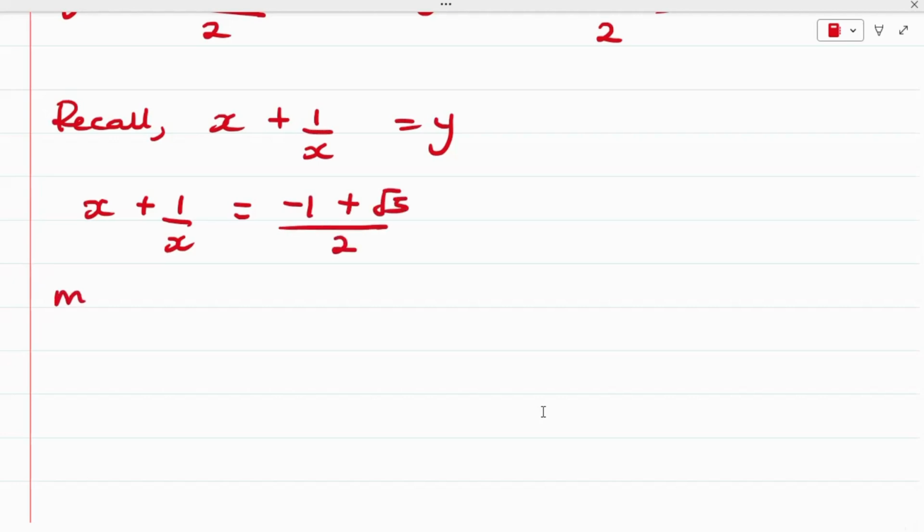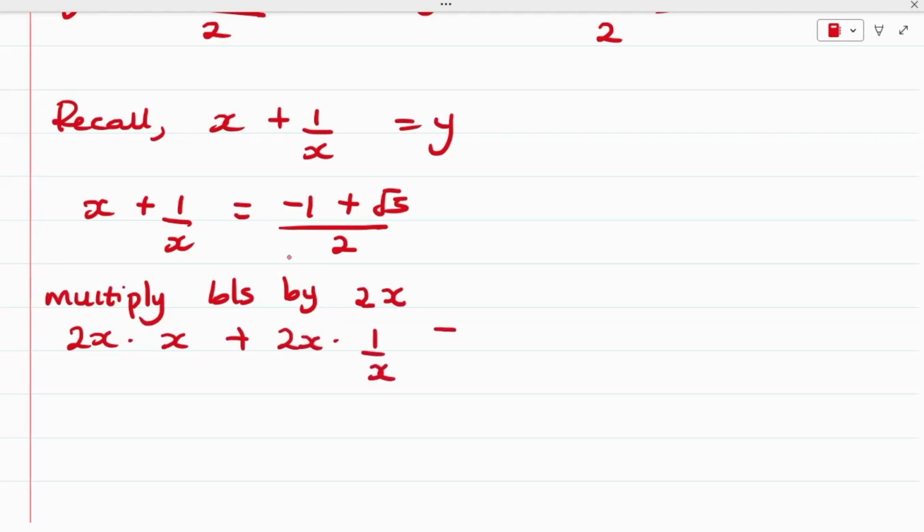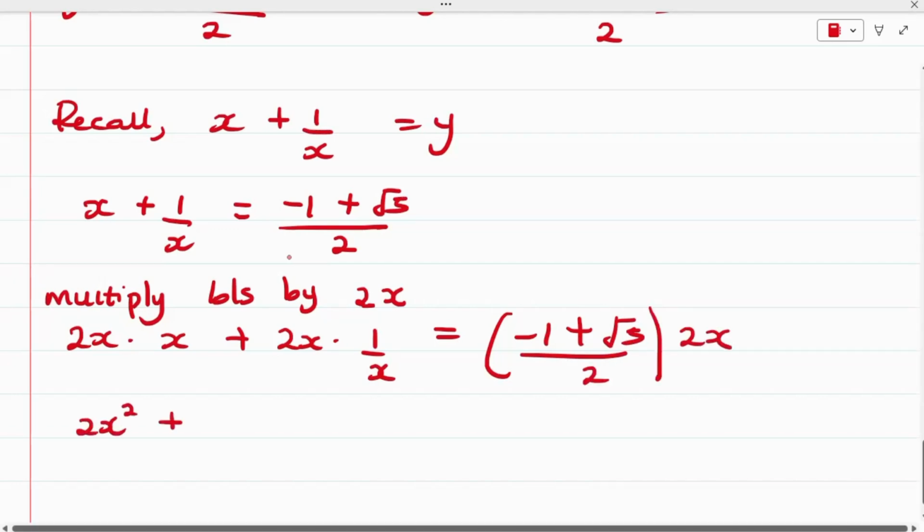So from here we are going to multiply both sides by 2x. So we have 2x multiply x plus 2x multiply 1 over x is equal to minus 1 plus the square root of 5 over 2 multiply 2x. So we have 2x squared plus, this cancels out this, we have 2 is equal to, 2 is going to cancel out 2, and this becomes minus 1 plus the root of 5, x.